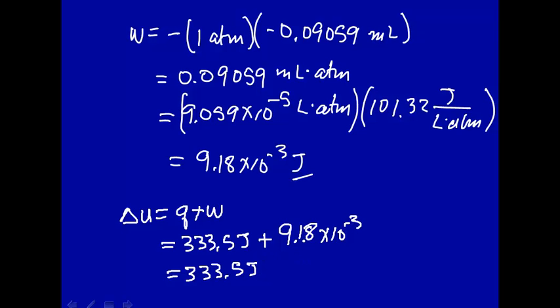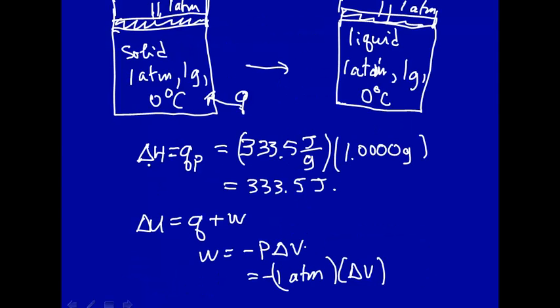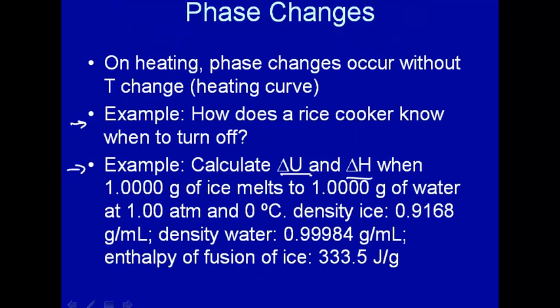So in this case, the work done is so minuscule that the change in internal energy, delta U, is, for all intents and purposes, the same as the enthalpy change. Okay, that's just an example of how to use the first law to calculate things for a phase change, and the difference between delta U and delta H.